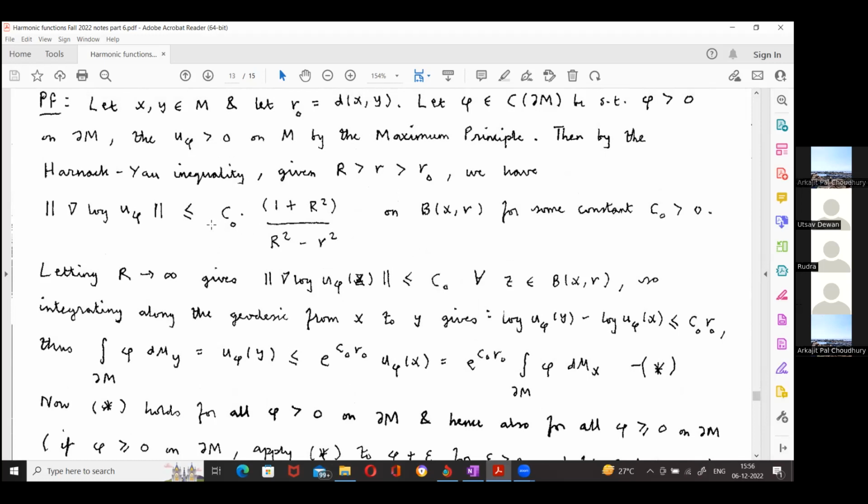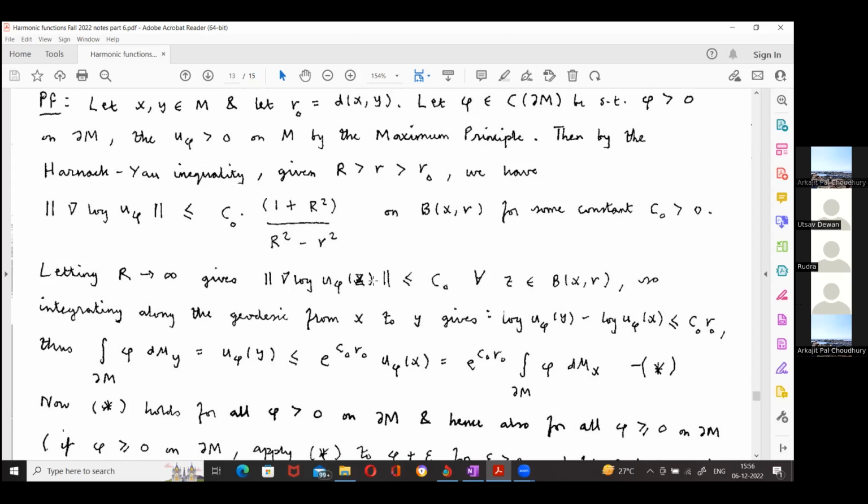And for a positive function, we have the Harnack-Yau inequality on a finite ball. Letting the radius of the ball go to infinity gives you that the norm of the gradient of log u phi is uniformly bounded by a constant.